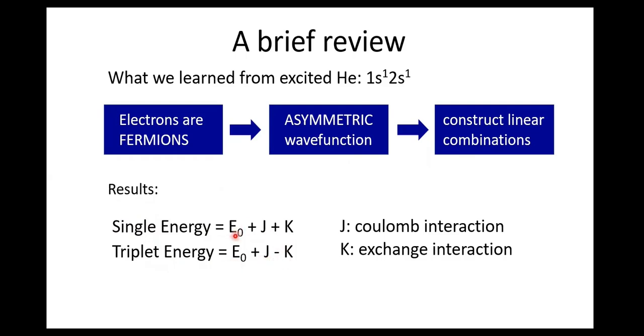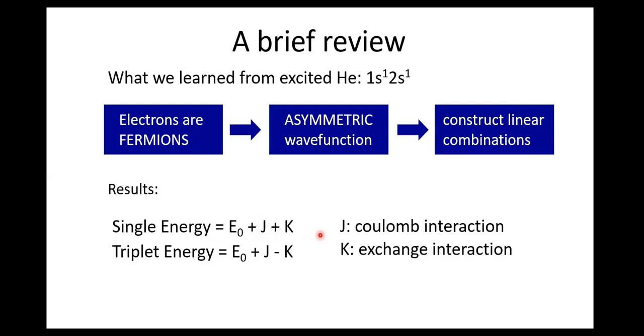And this is a very interesting result because E0 corresponds to the system where there's no interaction between electrons, right? So that is the E0, some sort of the basis. But both of them have this plus J term, and this J comes from the Coulombic repulsion between electrons, right?